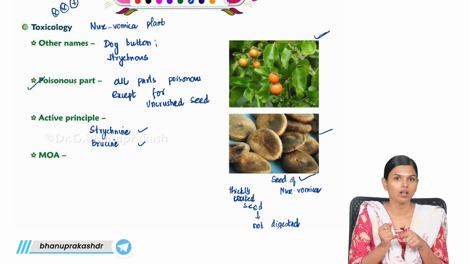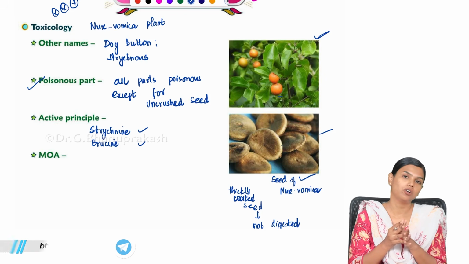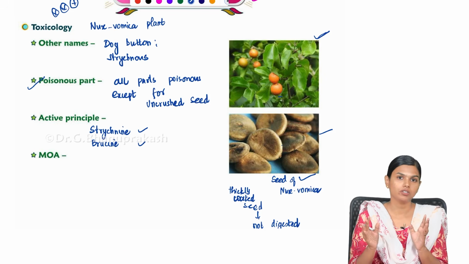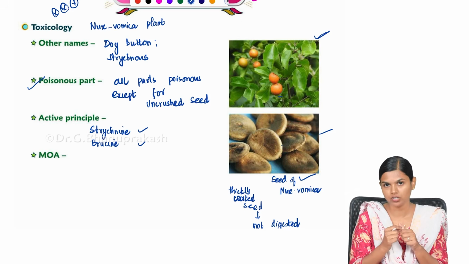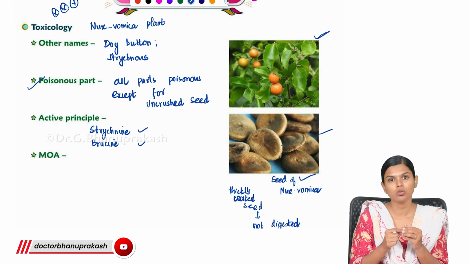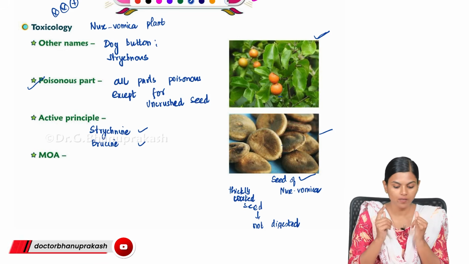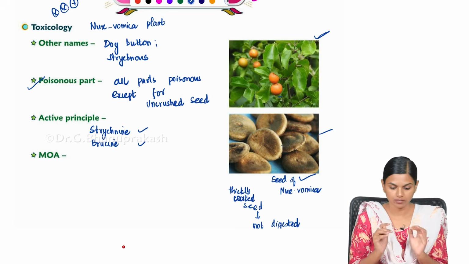It is Nux vomica. What is the other name? It is dog button or strychnine. And what is the poisonous part of the plant? All the parts are poisonous except for the uncrushed seed, because it will not be digested by our stomach, so the alkaloid will not be released. And the poisonous alkaloids that get released are strychnine and brucine.